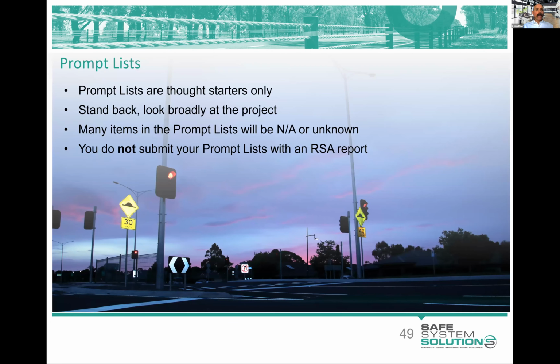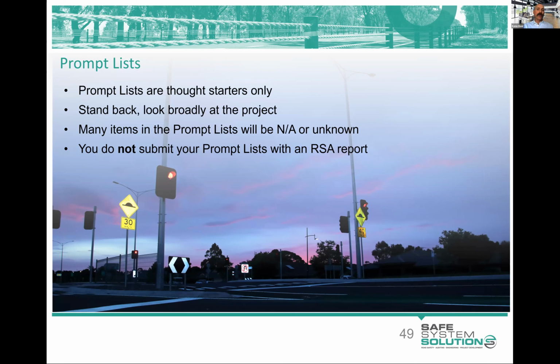They're thought starters only. Your responsibility is to stand back and think about the scheme holistically and all the different things that could pop up. Many will be not applicable, as I just said, and you do not submit the prompt lists, the checklists, or anything like that with your road safety audit report. They're just there to help your thinking.